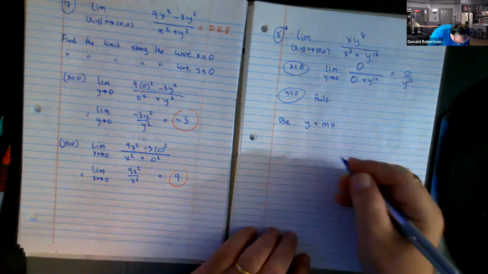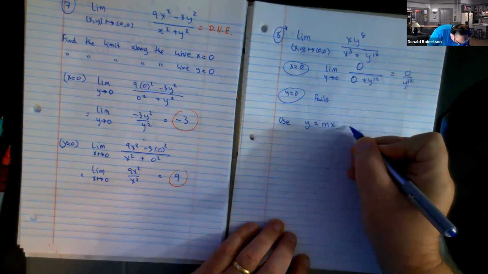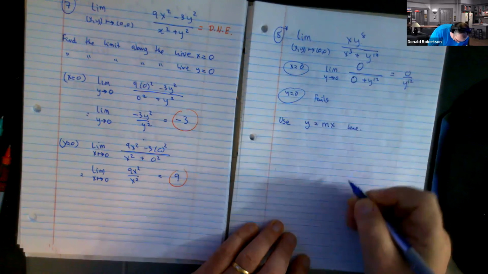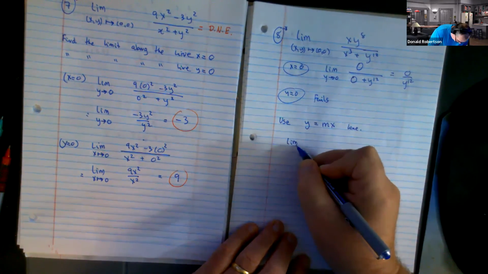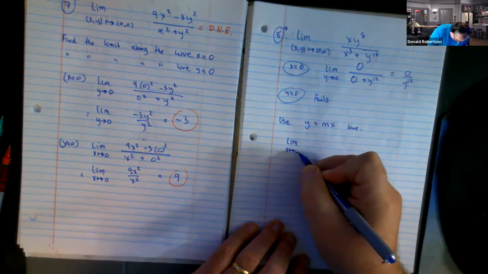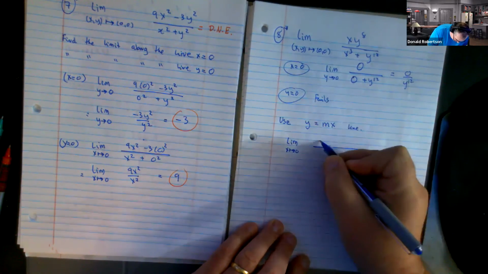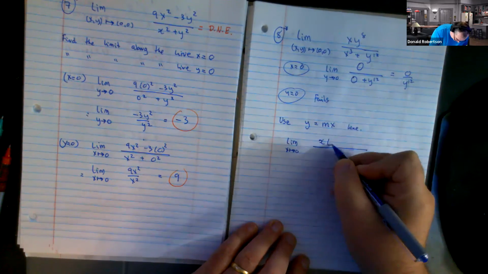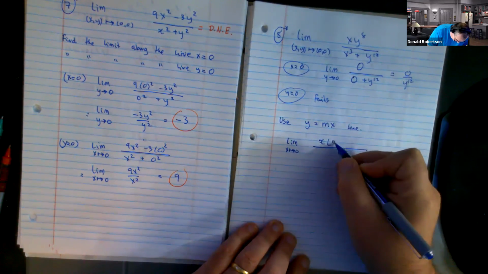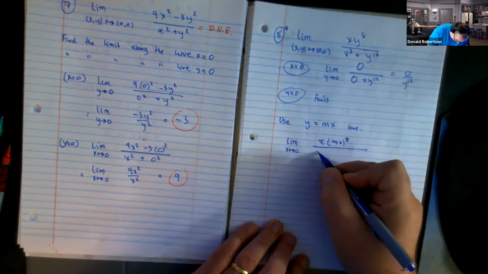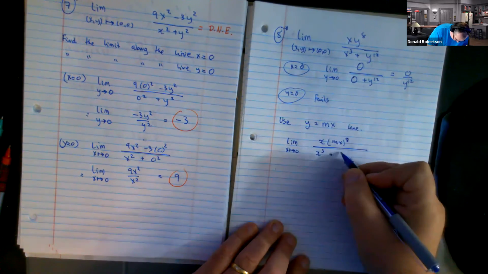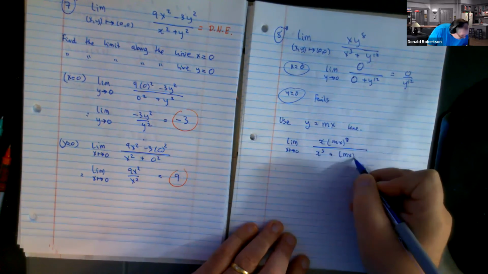Well, if you travel along this line, y equals mx, then you are going to change this into the limit as x tends to 0. You're going to have an x, and instead of the y, you're going to replace it by mx. And you're going to have an x, and instead of the y, you're going to have that guy.